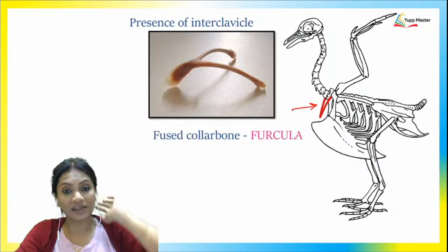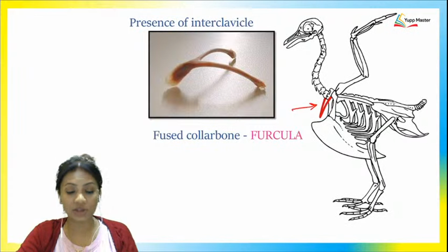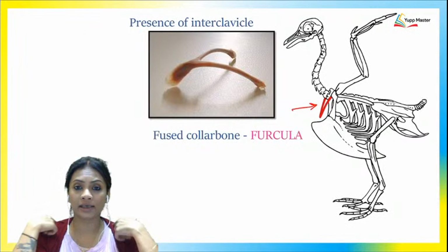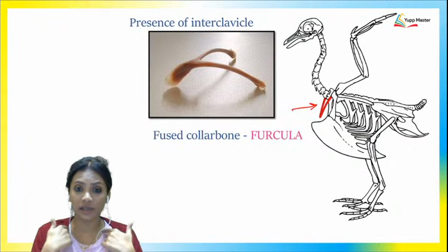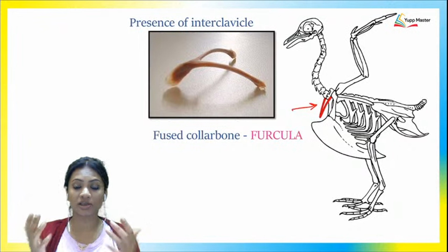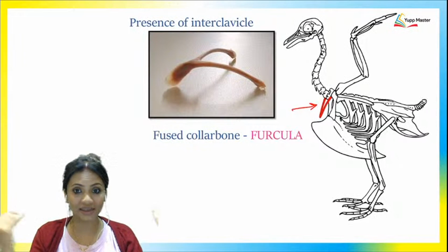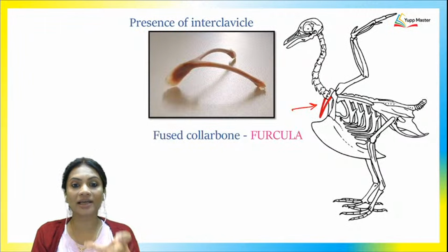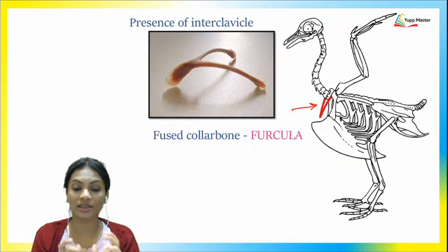In birds, the clavicles are fused together, and this is actually a girdle bone because it joins the axial skeleton with the appendicular skeleton of the bird. So this collarbone that the bird has is called an interclavicle, or the furcula.